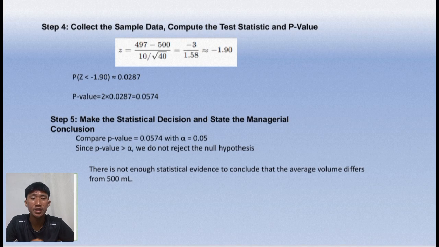So 497 minus 500 is negative 3. 10 divided by the square root of 40 is approximately 1.58. Then, negative 3 divided by 1.58 gives a z-value of about negative 1.90. Step 4. Find the p-value.